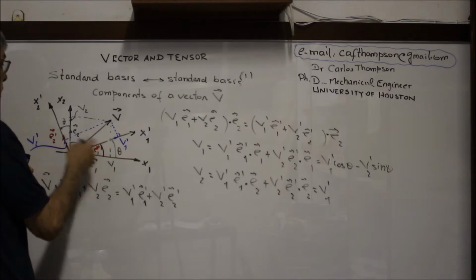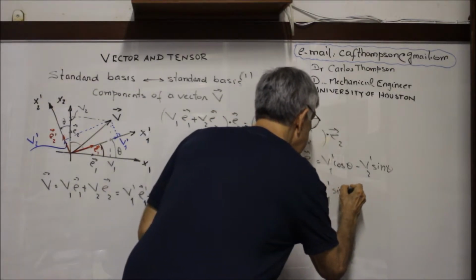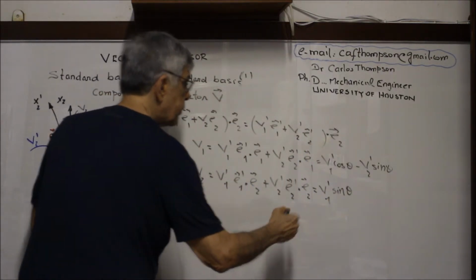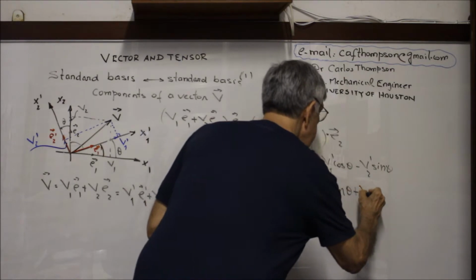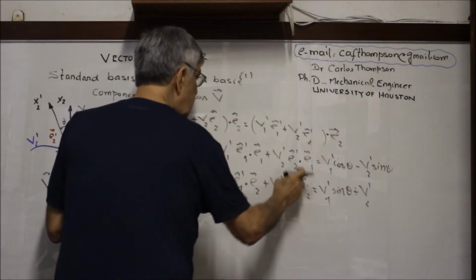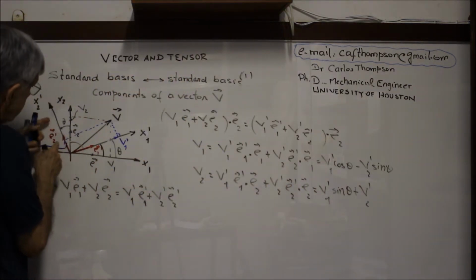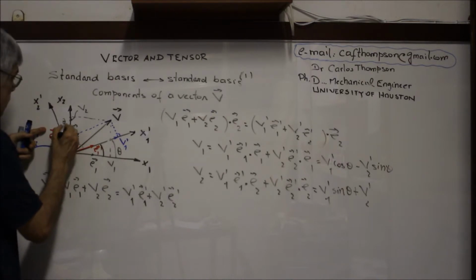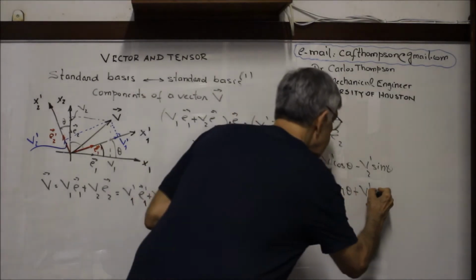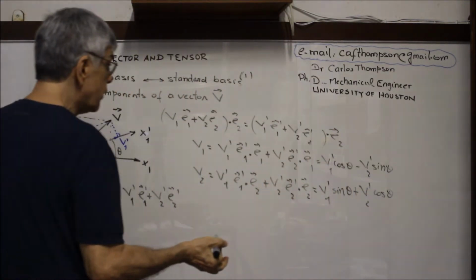Cosine of 90 minus theta is sine, so this is sine of theta. Now, the same, plus V2 prime, E2 prime dot E2, so the angle between E2 prime and E2. You see this angle here? This is theta. So it will be cosine of theta.